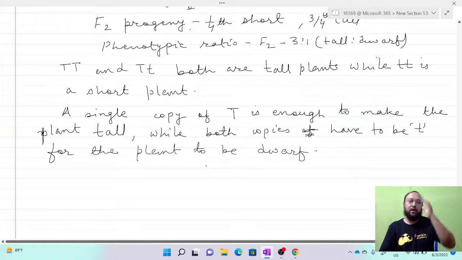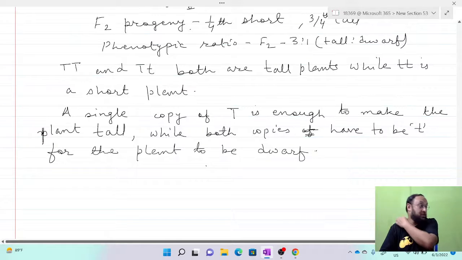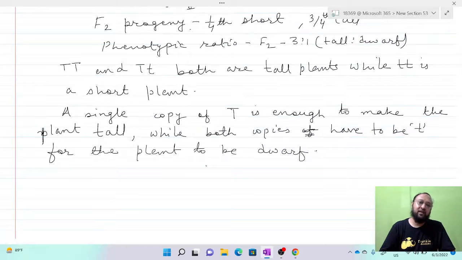That means a tall plant may be homozygous tall or heterozygous tall, but there is no heterozygous dwarf. Whenever there is dwarf, it is homozygous dwarf, that means small t small t.